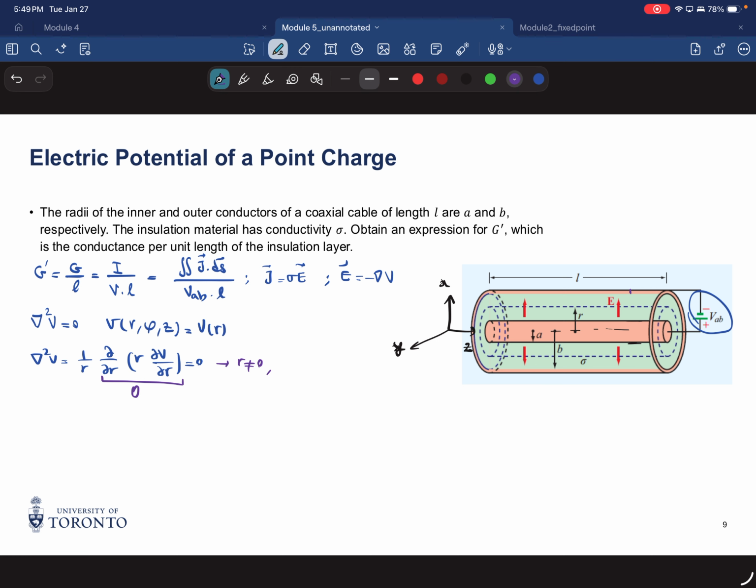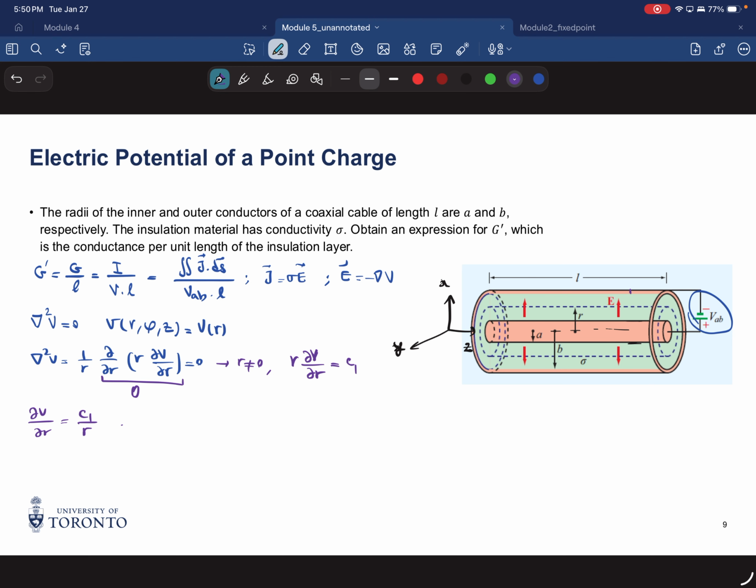If the first derivative of a function is 0, then we can assume that r times dv/dr is a constant number, C1. So now, derivative of v to r is C1 over r.